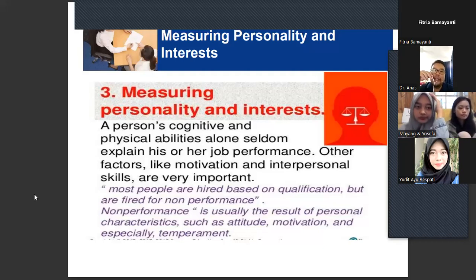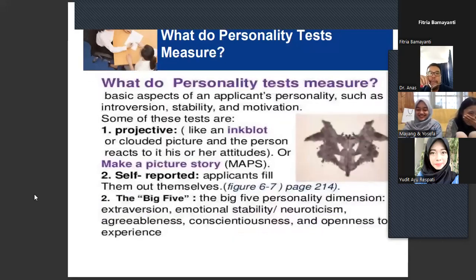How you speak, the style of your walk, the style of your seat. So these are measuring the personality. Most of the examiners test for these indicators. Okay, and then next.